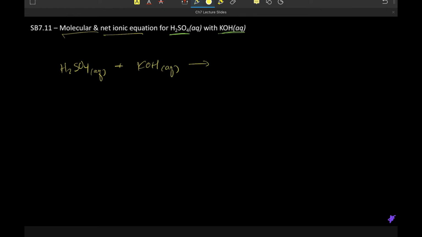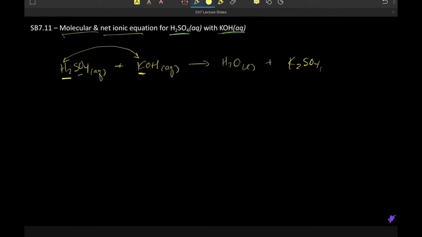All we're going to do is switch our cations. So I'm going to form water, and my other thing is going to be potassium, which will now be stuck to that sulfate. Potassium has a charge of +1, sulfate has a charge of -2, which means it needs to be K2SO4.